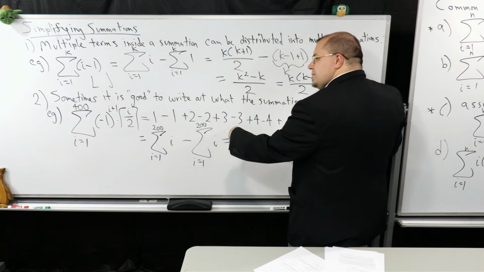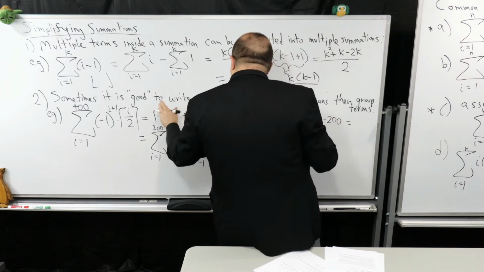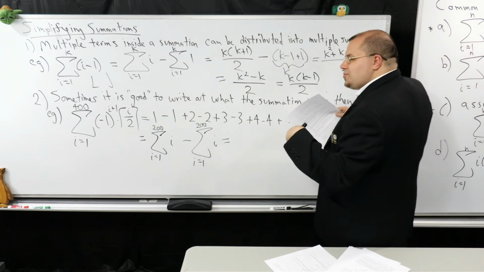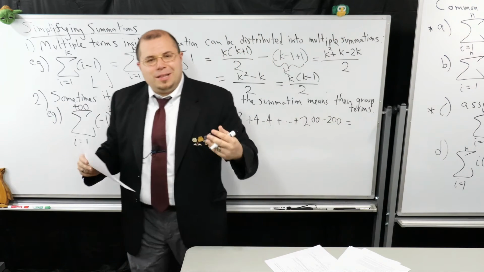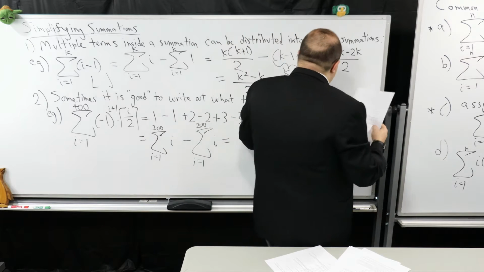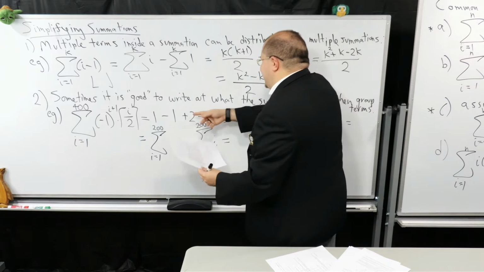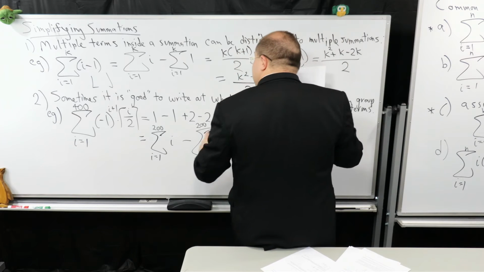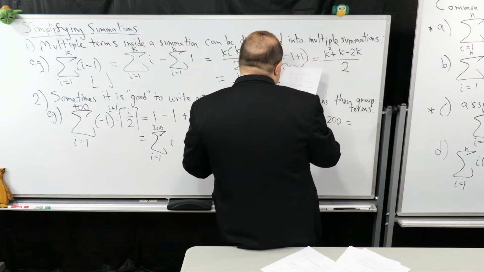And now I know what to do with each one of these sums, right? Now if you already knew the hindsight here, you know right away the result, but I'm just writing it out just so you can see how I manipulate the summations, okay? You'd probably be able to look at this and be like, okay, I already know the answer, but I just want to show you how I manipulate the summations, because it may not necessarily be the case that these are 200s.